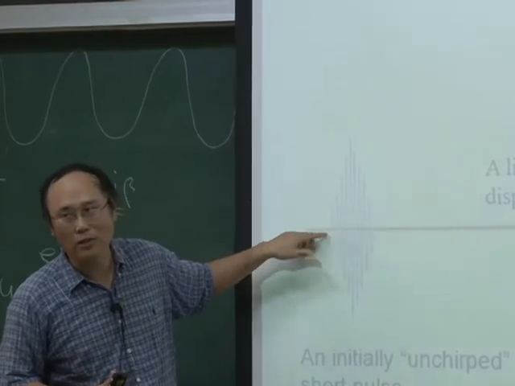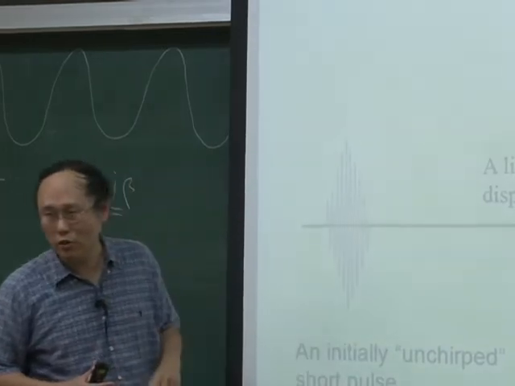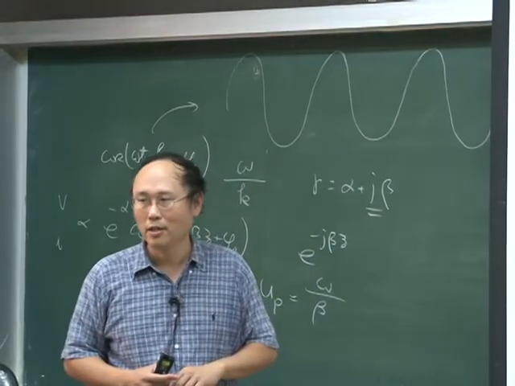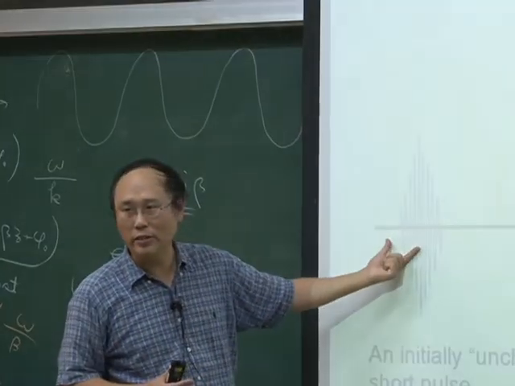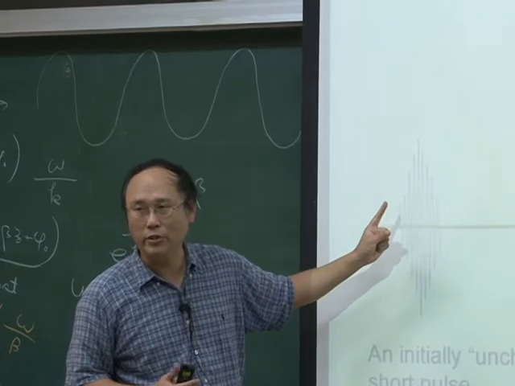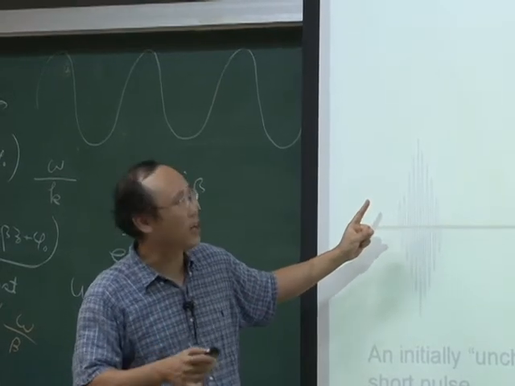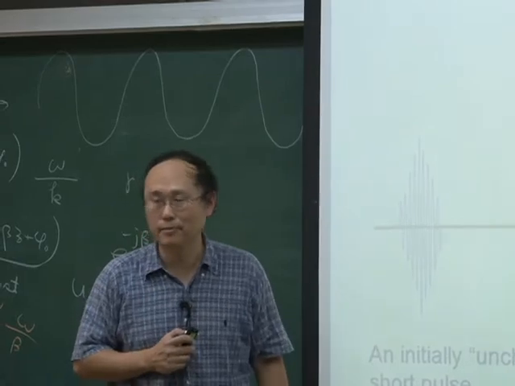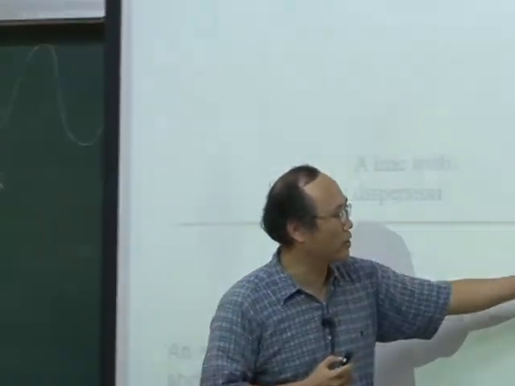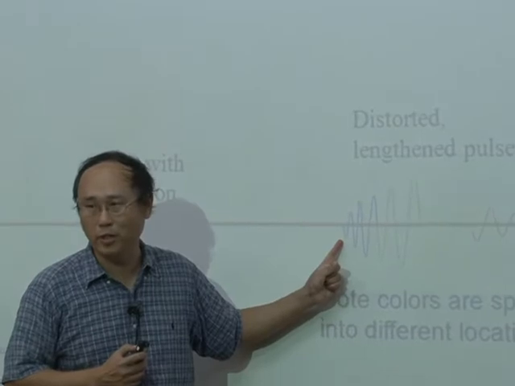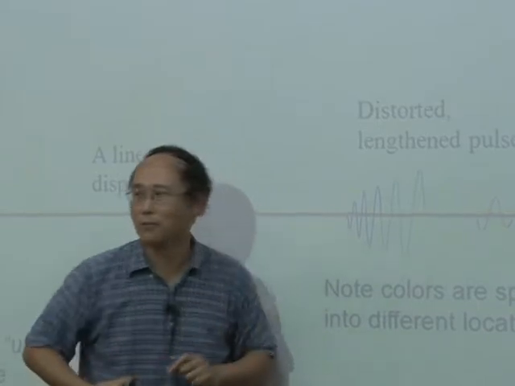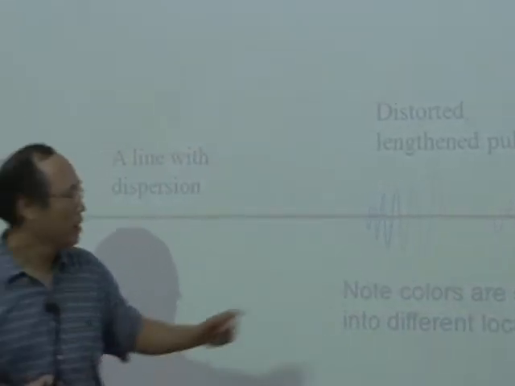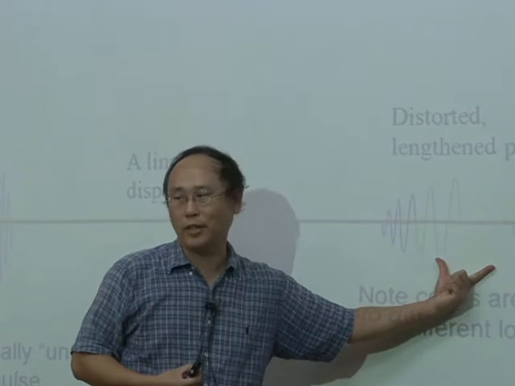So if you put this pulse into a dispersive transmission line, different frequency components in this signal are going to propagate with different speeds, because this line is dispersive. 所以呢，这里头可能，譬如说有蓝的，有红的，蓝的的话频率比较高，红的频率比较低。After some distance, the pulse is going to be spread out. Okay, and it turns out that the pulse width at the end is going to be longer than the pulse width at the beginning.